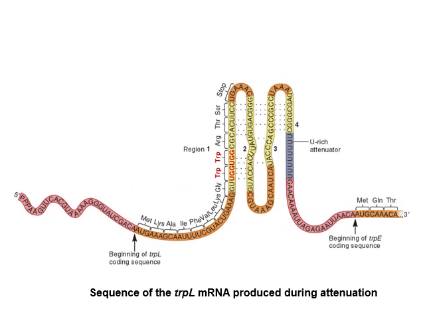So this is an idea of how attenuation occurs, and it all involves sequences within that leader sequence. So you have a molecule, a single-stranded piece of RNA that represents the mRNA transcript of the trp operon. You have a very short gene that encodes a handful of amino acids. Right? It has its own start codon, it has its own stop codon.